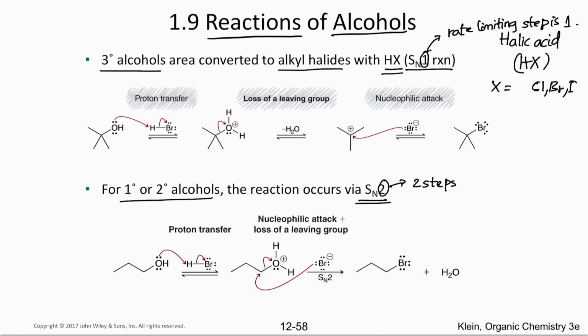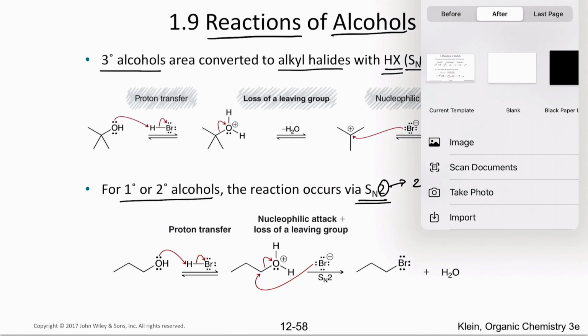Let's look at them separately. What happens in an SN1 reaction? Let's take an example of a tertiary alcohol reacting with HX, for example hydrogen bromide, where the bromine contains 6 lone pairs and the oxygen contains 2 lone pairs.